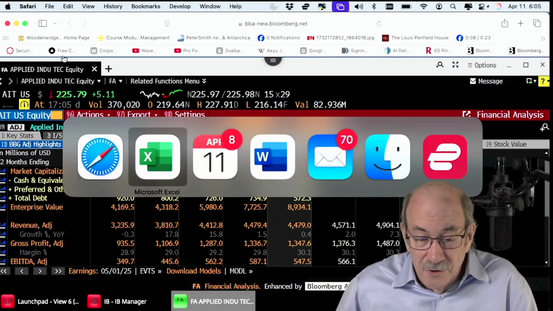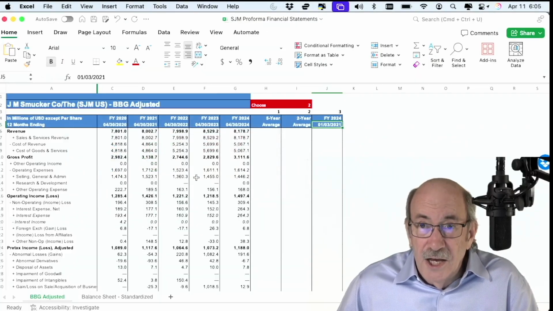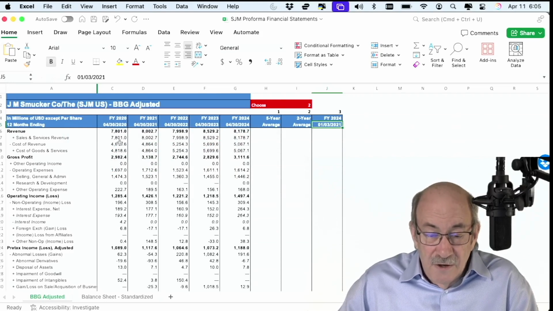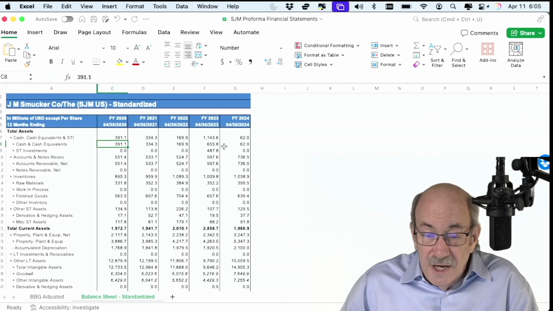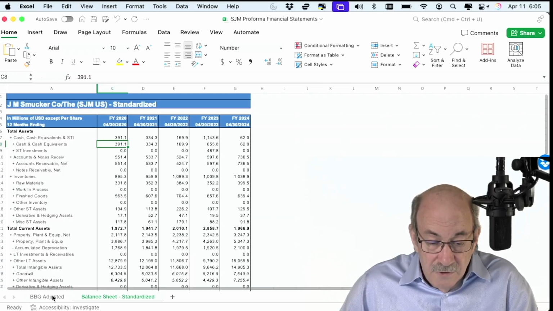So I'm assuming you've got spreadsheets with your income statement. And then I've also got a balance sheet over here, and in this case I have a full 5 years of historical data.